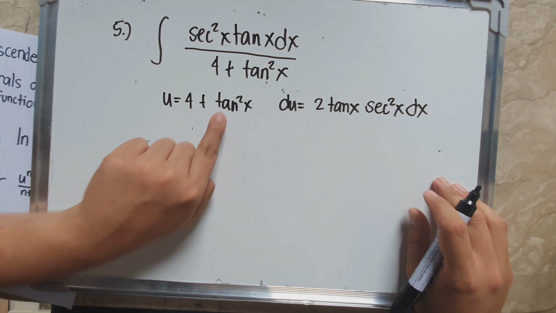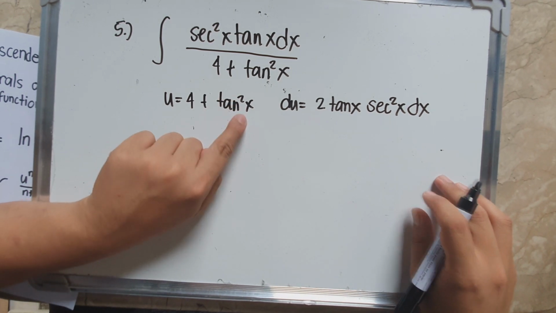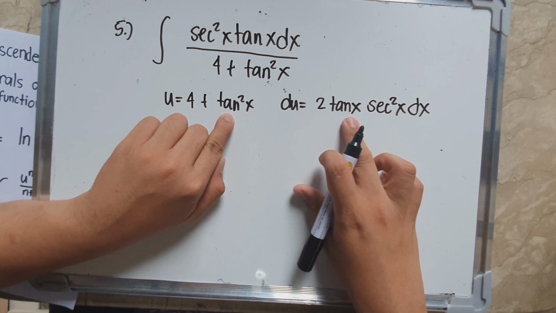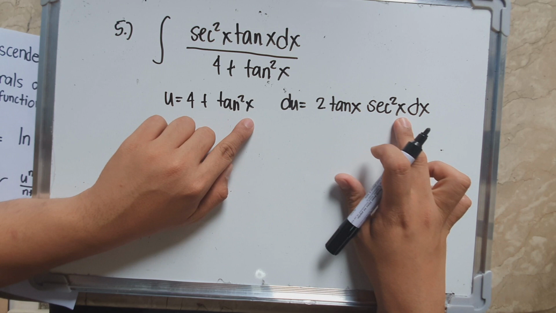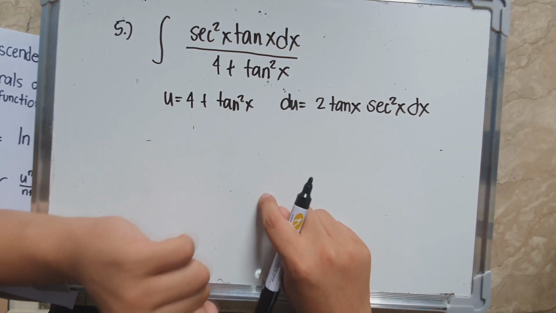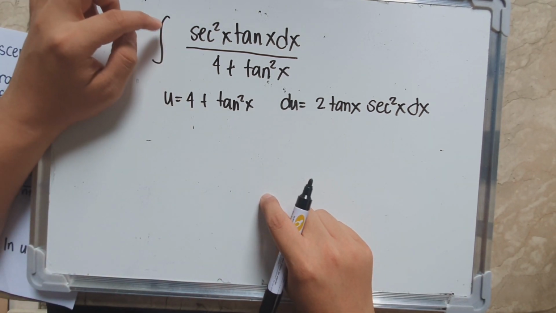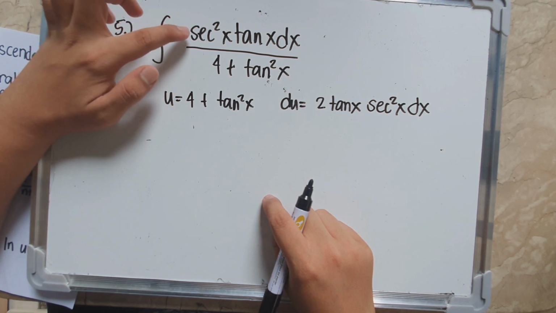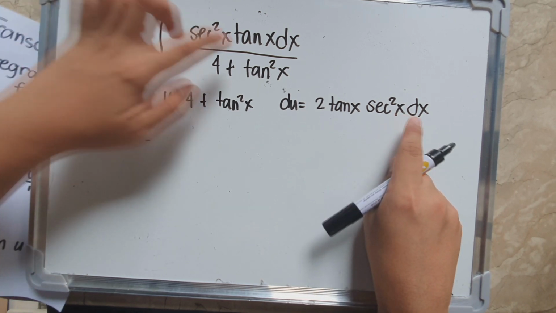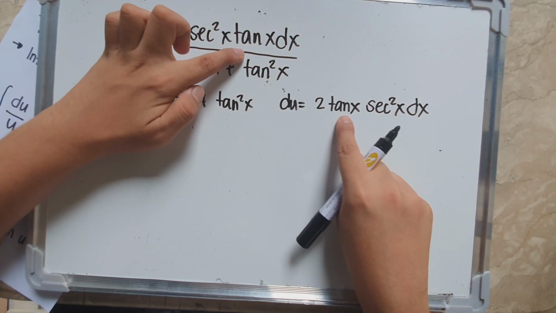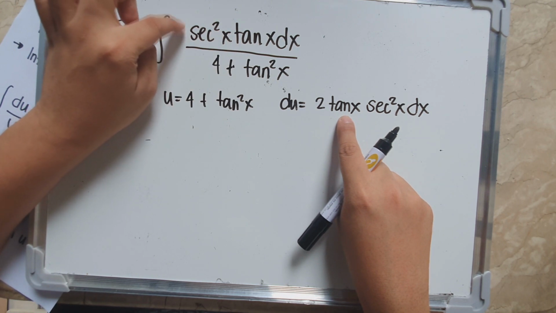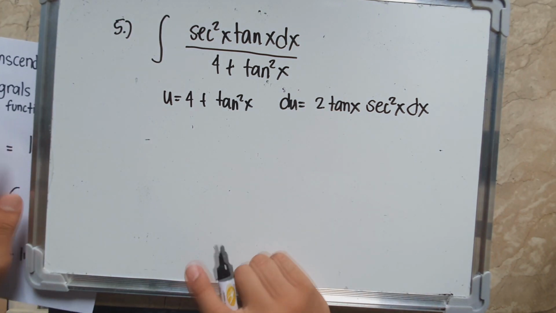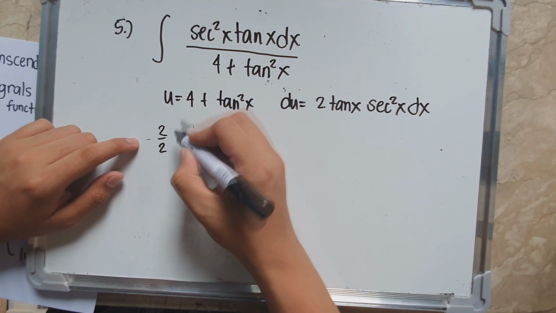Okay, the chain rule. Tangent squared. So 2 tangent x. The derivative of tangent, which is secant squared x dx. Let's check our original integrand. So we have secant squared, we have dx, we have tangent, we need to put 2 here. So we will correct this one with 2 over 2 again.